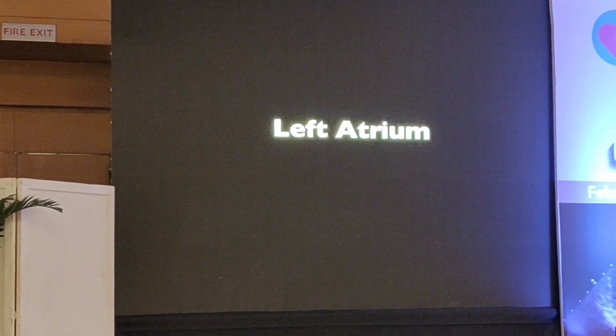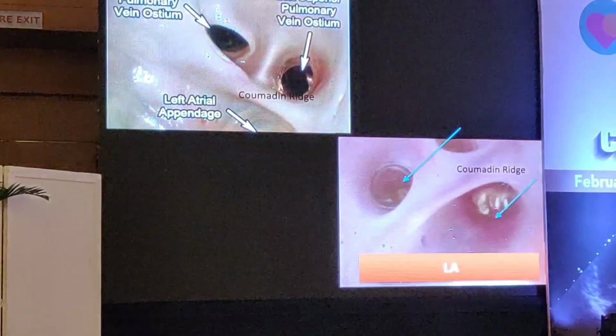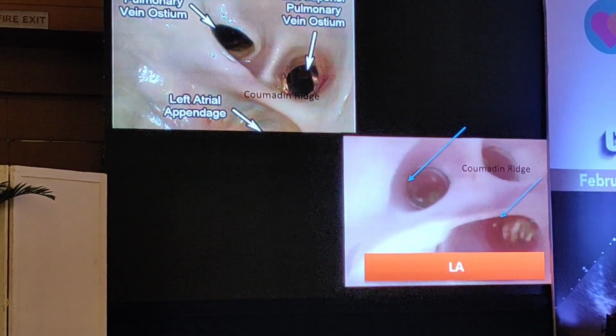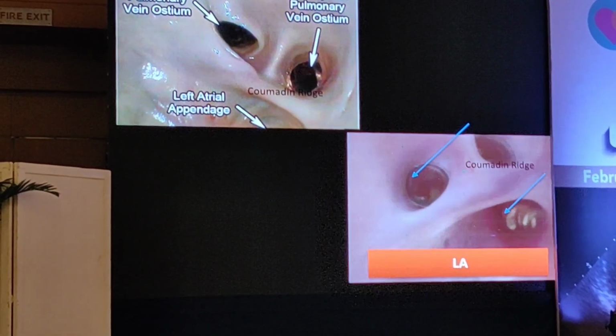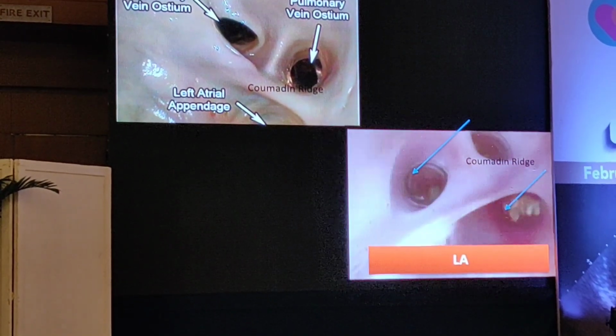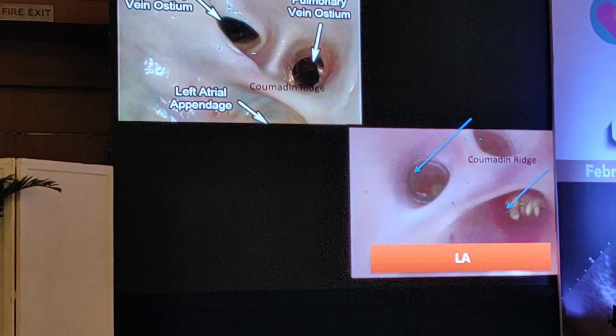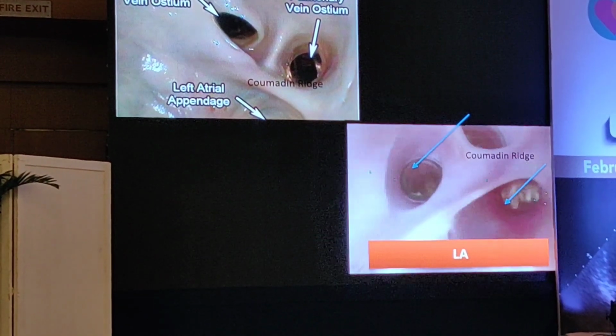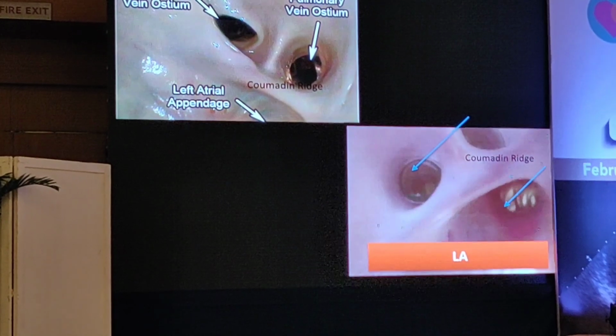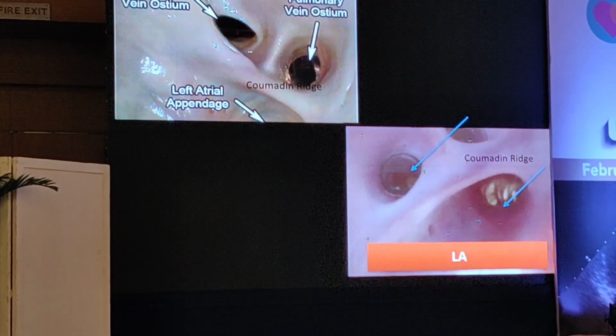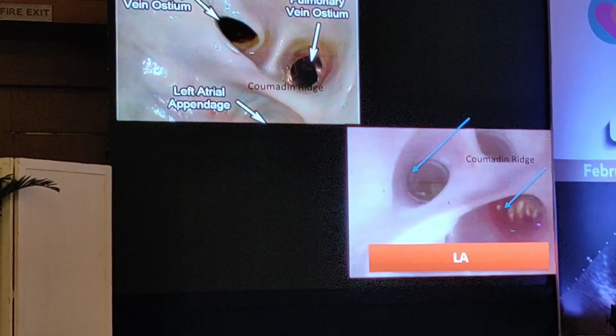Now the left atrium has been covered very nicely in the morning, so I'll just add a few things which could provide you more information. One is the ridge, also called the Coumadin ridge. This is a ridge always associated with the left atrial appendage and the left superior vein.